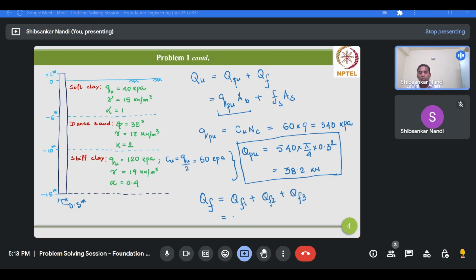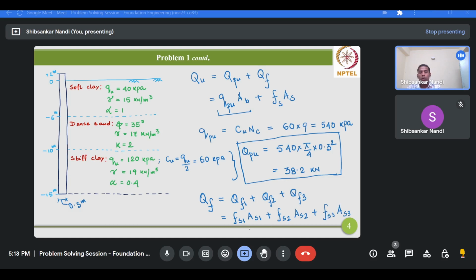Okay, going one step ahead, it will be FS1 AS1 plus FS2 AS2 plus FS3 AS3.